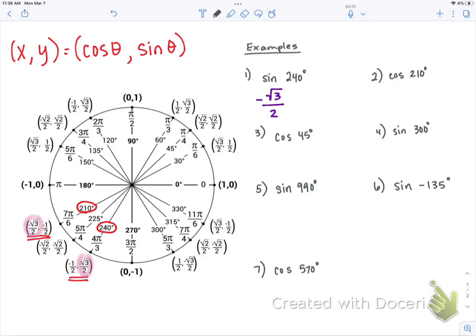That x value here is also negative square root of 3 over 2. Next, we have cosine of 45 degrees. So I'm looking at my 45 degrees, which is this ordered pair here. Cosine is my x's. So my x here is square root of 2 over 2.